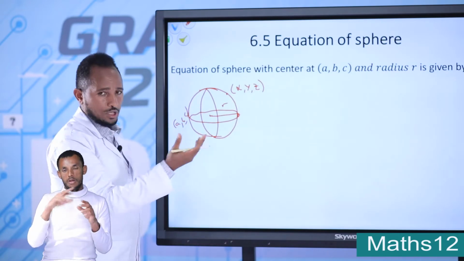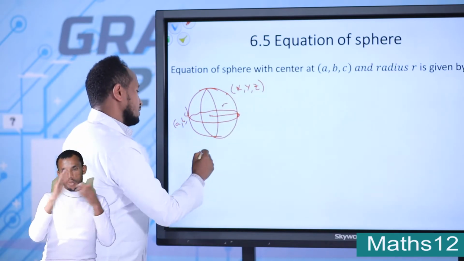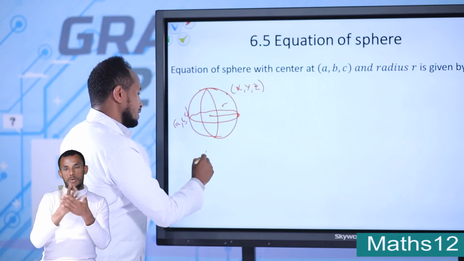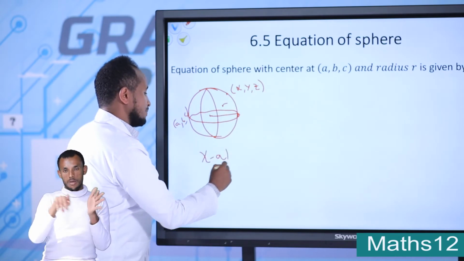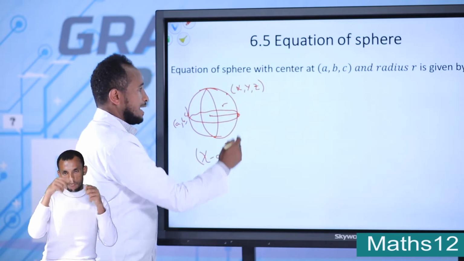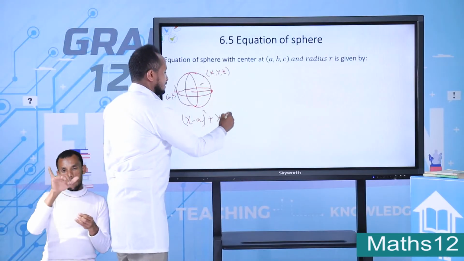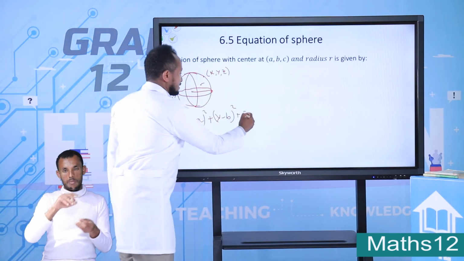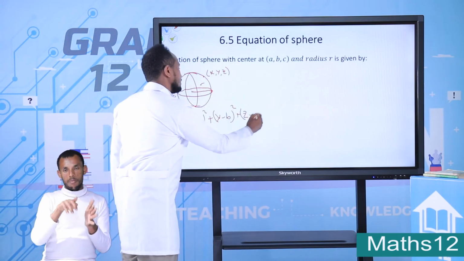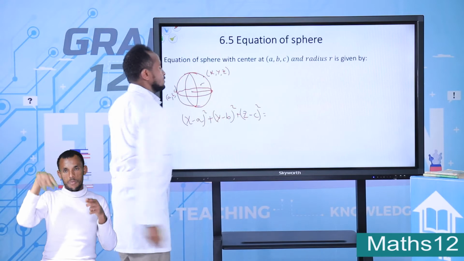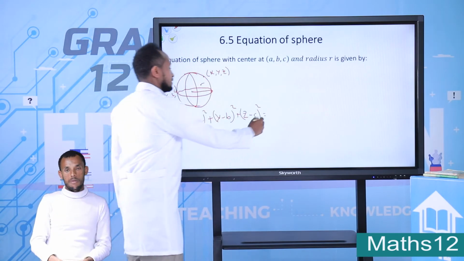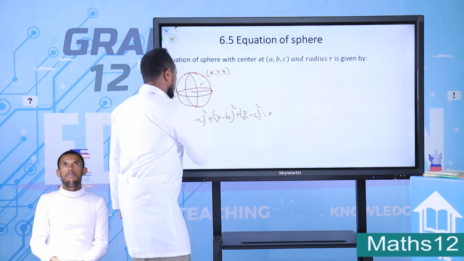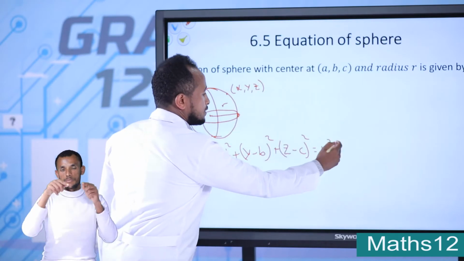So using this concept, you can write the equation. The distance between these two is x minus a the whole squared, plus y minus b the whole squared, plus z minus c the whole squared, is equal to the radius, you put under square root, or you can write this as r squared.